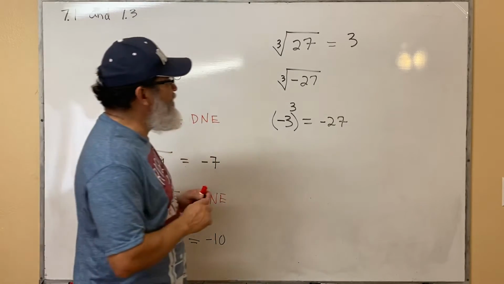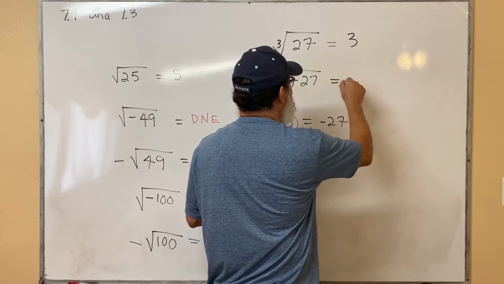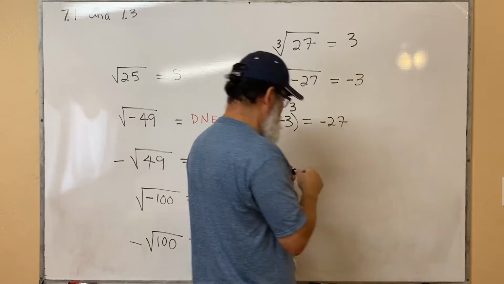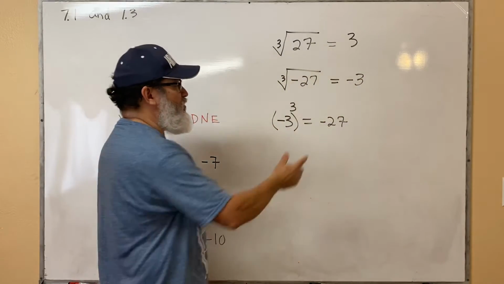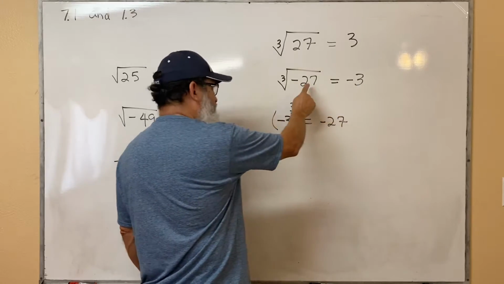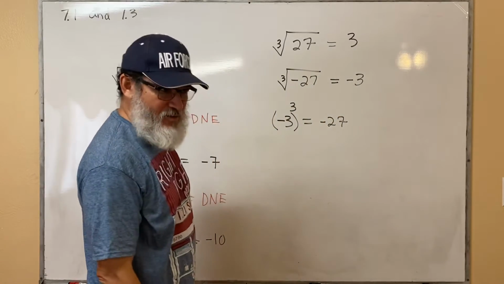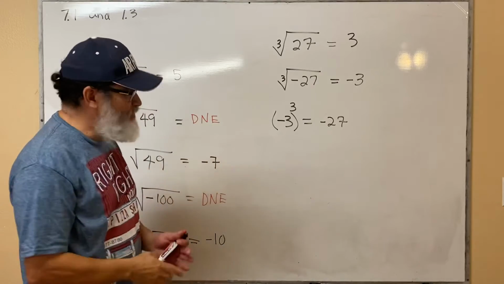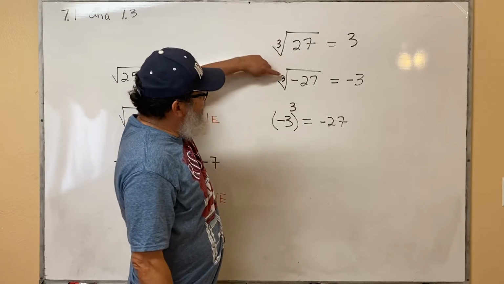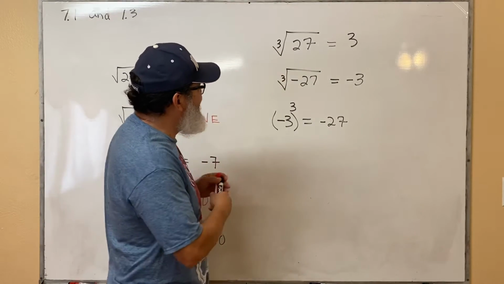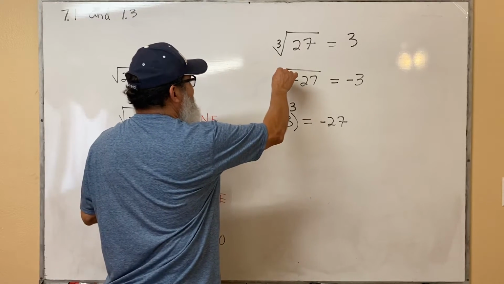This one does. This one is -3. Why? Because when you cube this, you get -27. Okay? In fact, whenever they call this the index, this is the index.